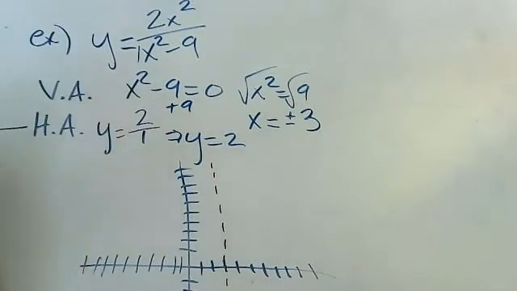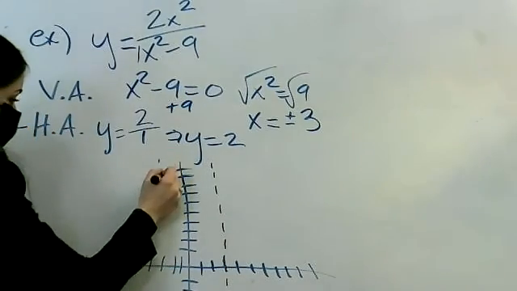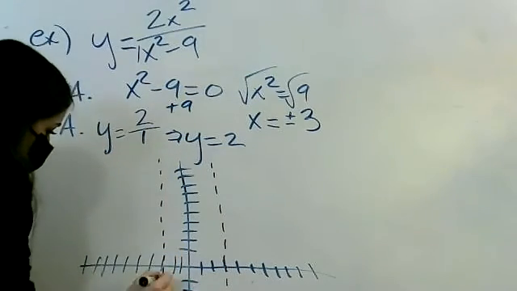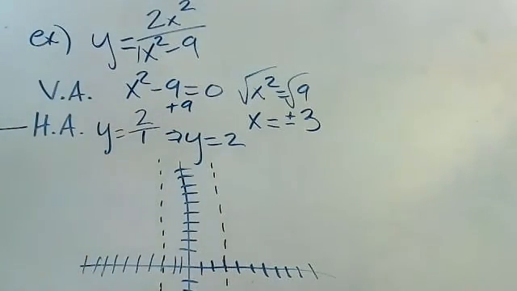Then our negative 3 as well has to have its asymptote graphed. Yes. Okay, so now we can go to horizontal.